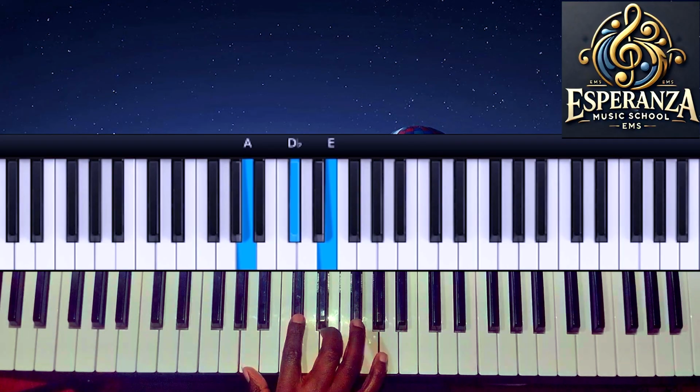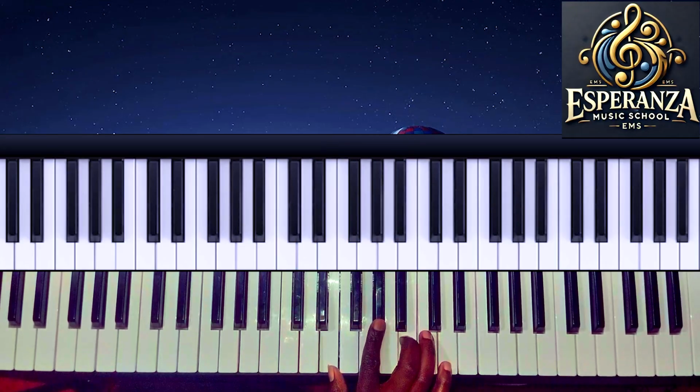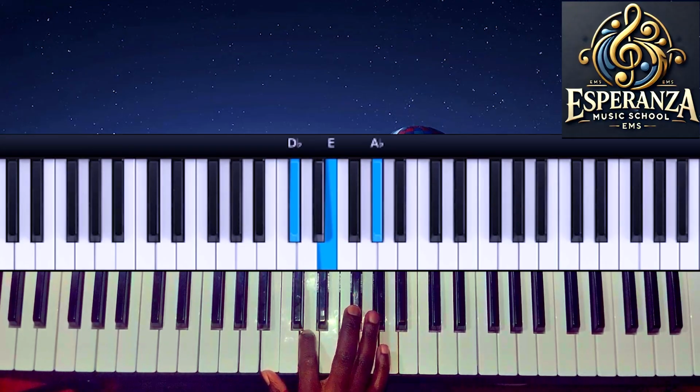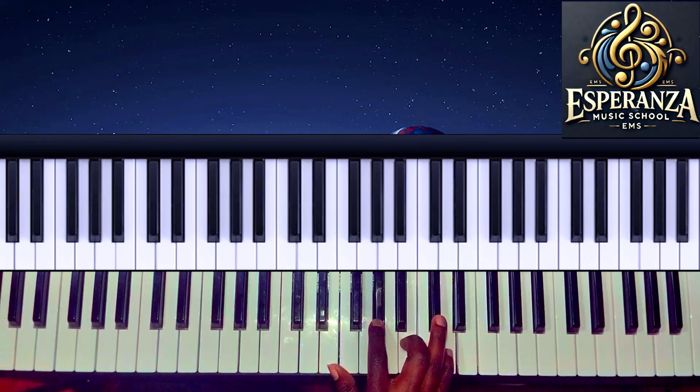This is 1, this is 4, this is 5, and this is 2, 3, and then we have 6, and then we have 7. Now, the next thing we should learn is, for you to play a song, you need to combine 2 or more chords.